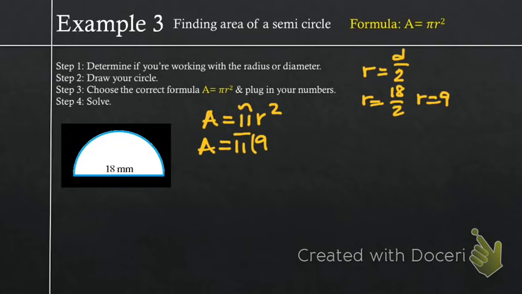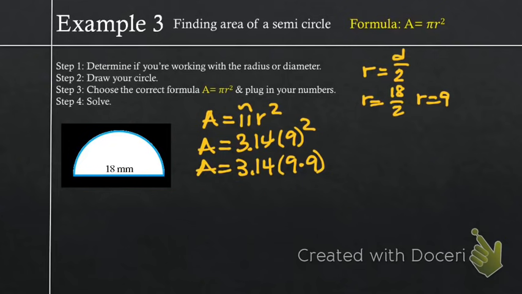So 3.14 times our 9 squared, same thing as 9 times 9. So 9 times 9 gives me 81.